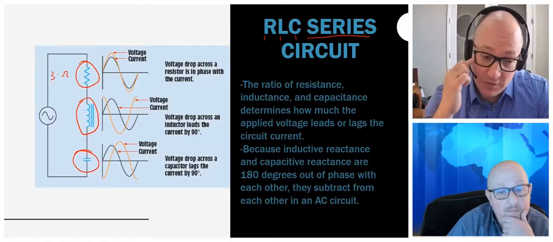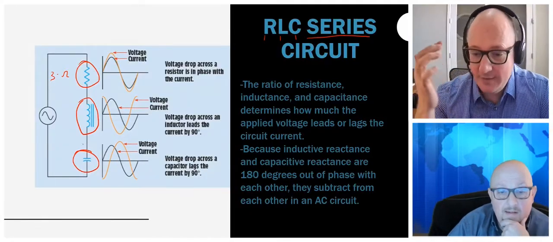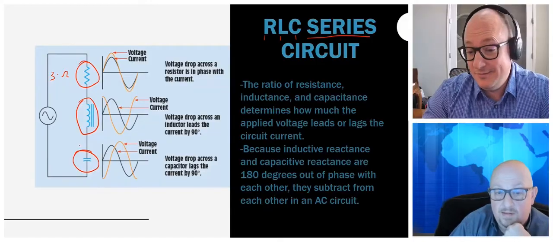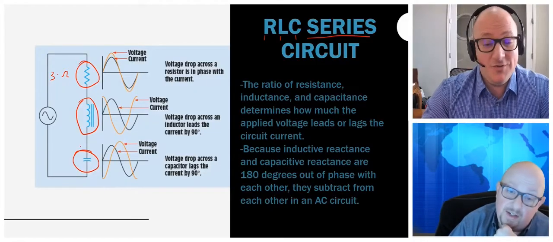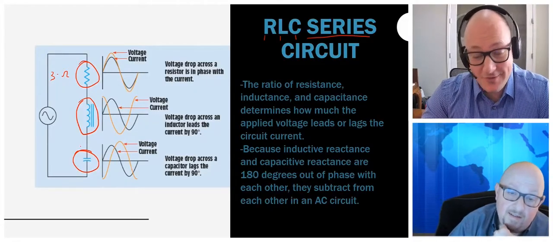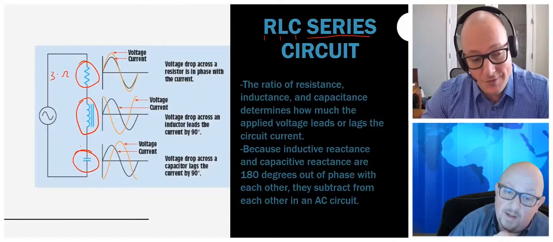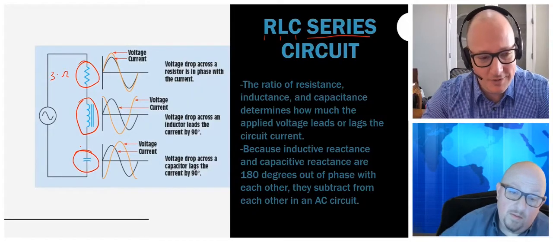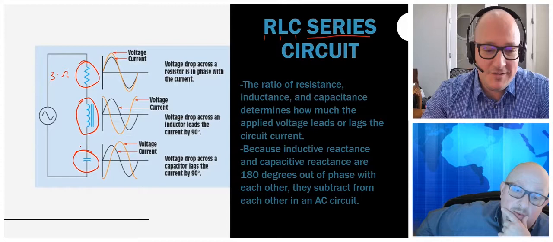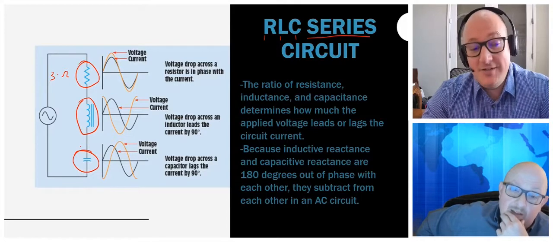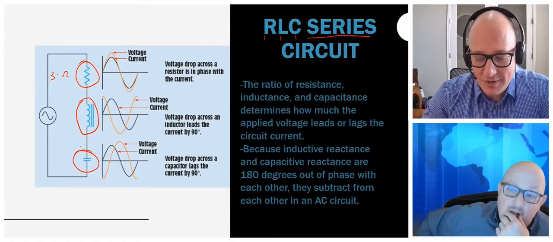What's the current at each component? It's equal. That doesn't change in a series circuit. There's only one path for current to flow. It's forced to go through all three of those components. It'll be equal at all three. But is it as easy as going, well, RT is equal to R1 plus R2 plus R3?